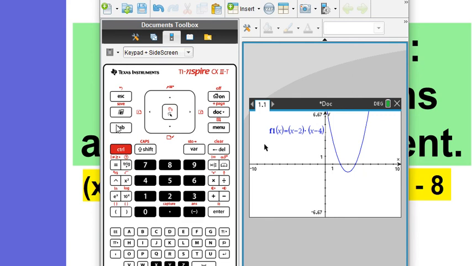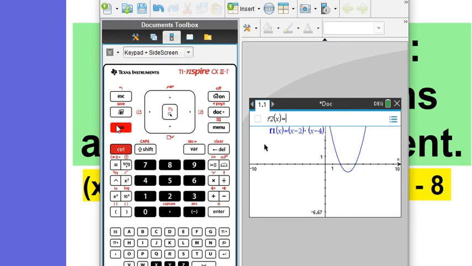Now, a new command line, I'm going to test x squared minus 6x minus 8.